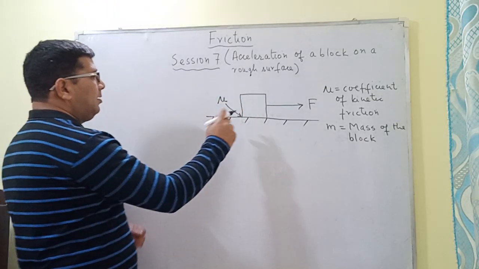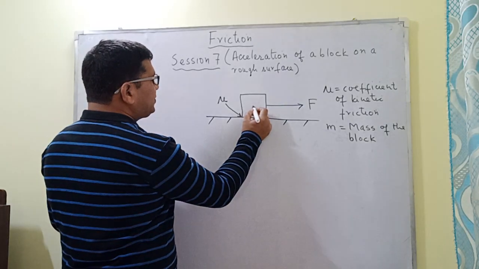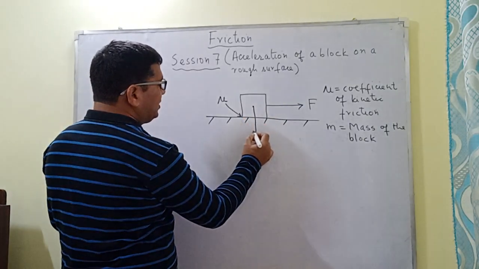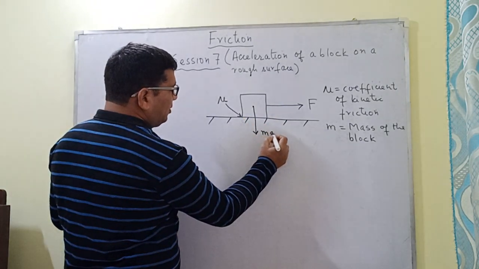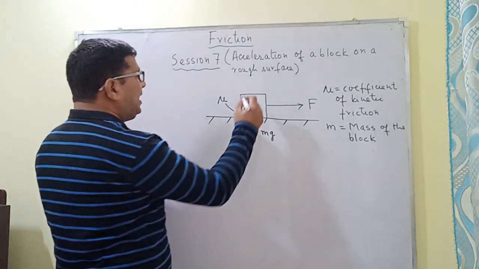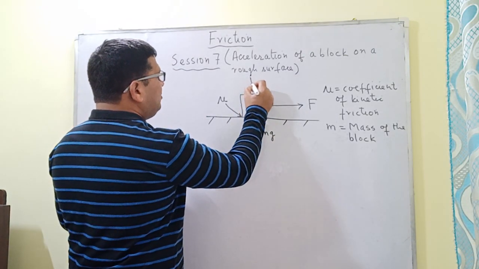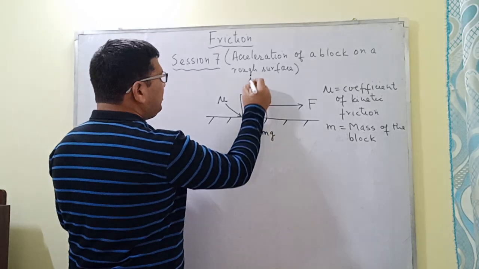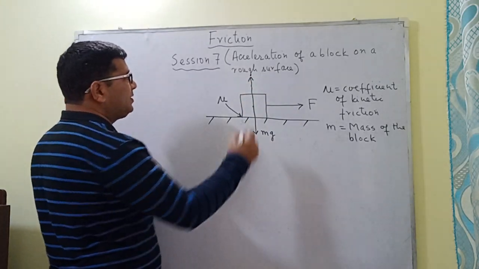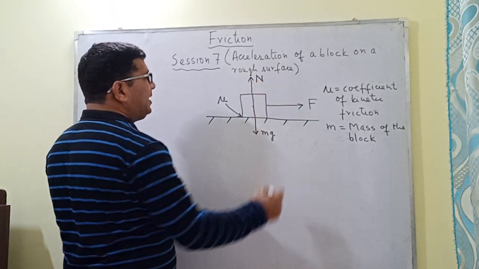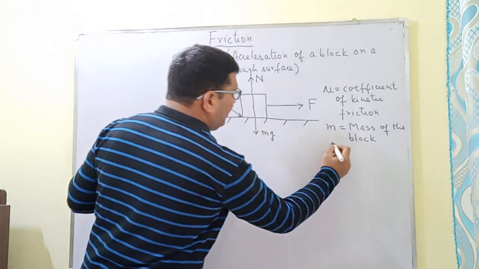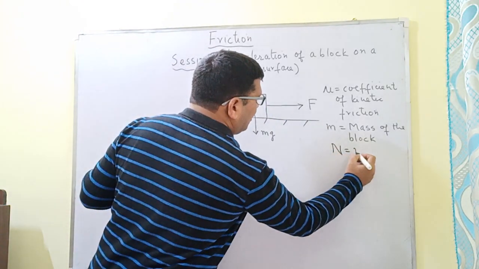So, the weight of this block will be acting in the downward direction, which will be equal to mg. The normal reaction acts perpendicular to the surface, which is denoted by N, and this will be equal to mg.